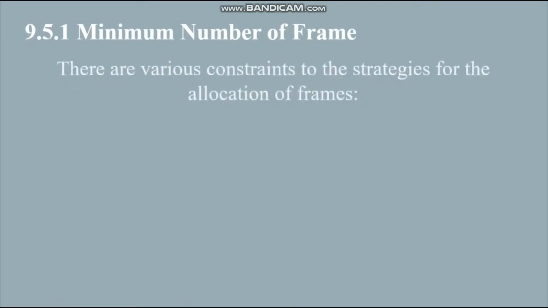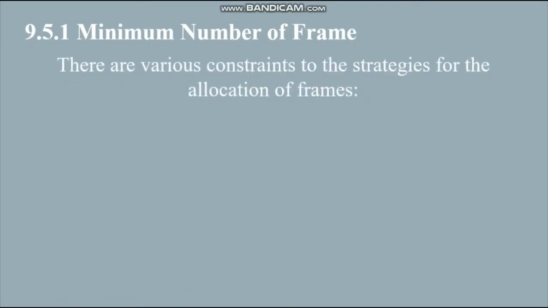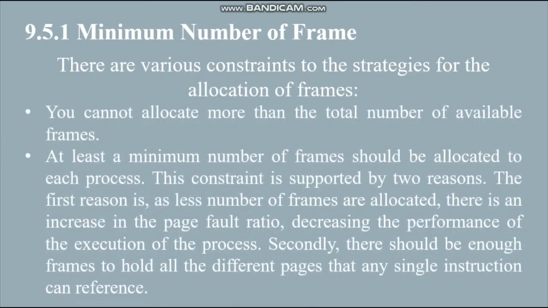Next is minimum number of frames. There are various constraints on the strategies for the allocation of frames. You cannot allocate more than the total number of available frames. At least a minimum number of frames should be allocated to each process. These constraints are supported by two reasons. The first reason is that as fewer frames are allocated, there is an increase in the page fault ratio, decreasing the performance of the execution of the process.